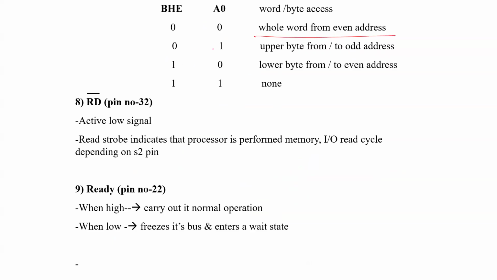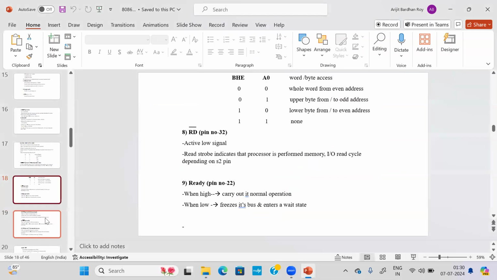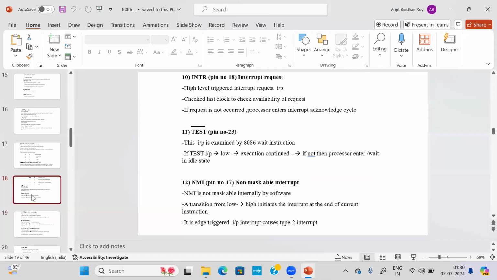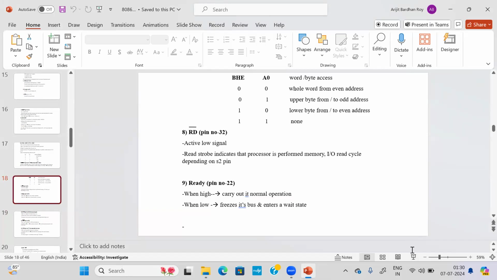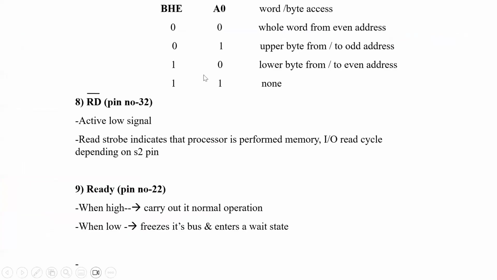If BHE is 0 and A0 is 1, then upper byte from odd address. If BHE is 1 and A0 is 0, lower byte from even address. And 1, 1, there is no work.